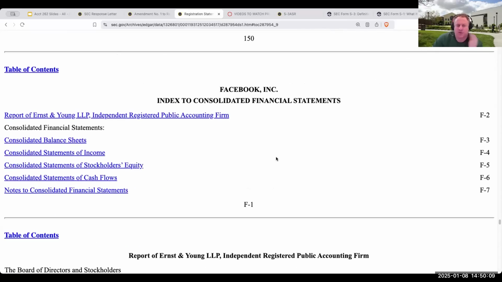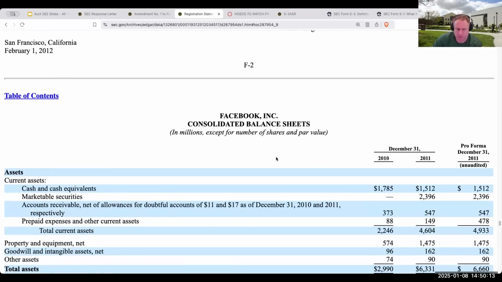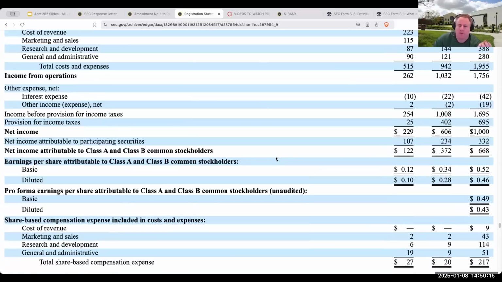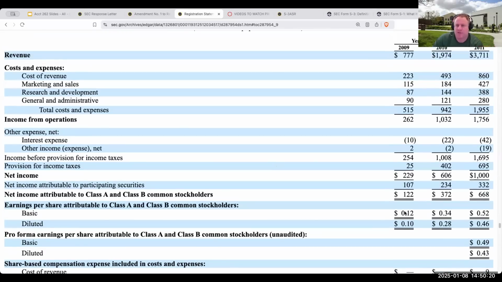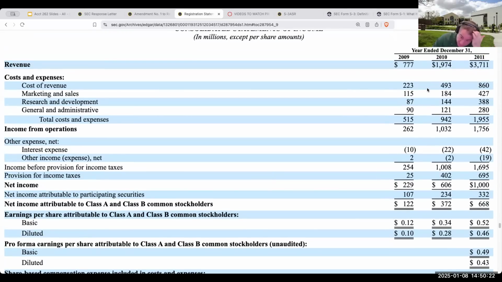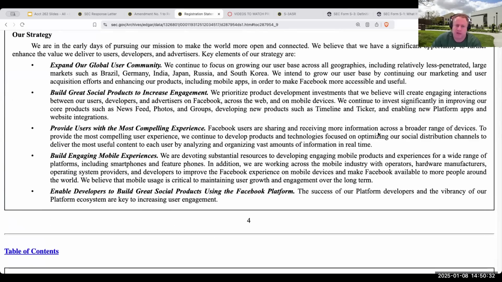So right over here you've got the financial statements of Facebook, and these are going to be in the back as an exhibit. But as you can see, even back in 2009, only a few years after they had actually gone public, they were actually profitable, which is somewhat unique for a lot of companies at that time.